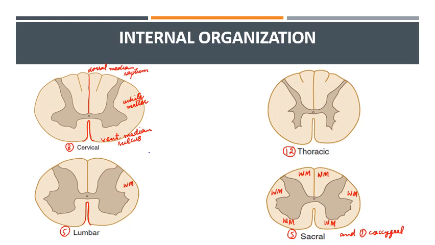The relative size and configuration may vary according to the level of the segment. As we mentioned, the spinal cord consists of an outer layer of white matter and an inner core of gray matter.